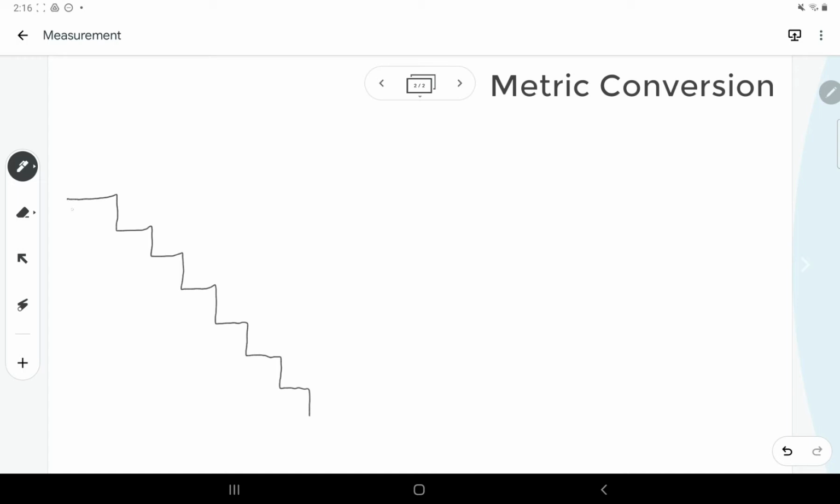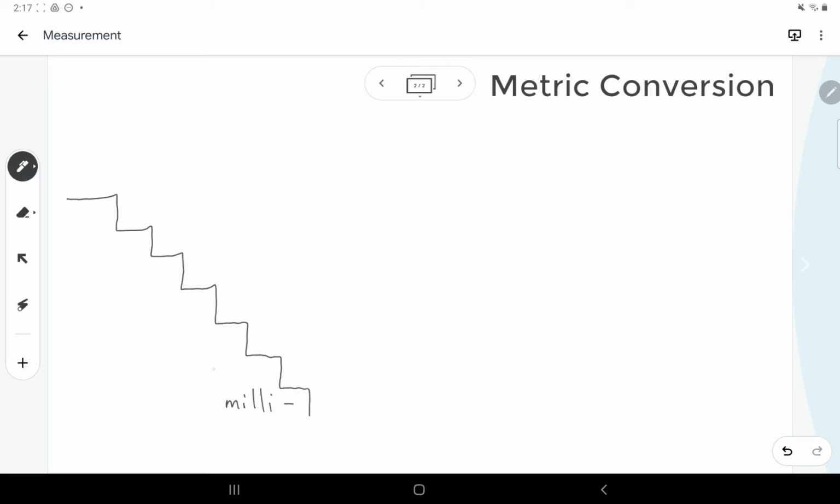Now, why am I writing 7 steps? Well, because there's 7 big units in metric, or there's 7 prefixes that we like to use. We've heard of millimeters, centimeters, meters, kilometers. Those prefixes, those things that come before the meter, are the things that we're writing here. The smallest one that we usually deal with, there are much smaller ones, is milli, like millimeter.